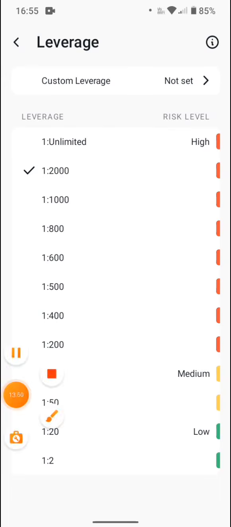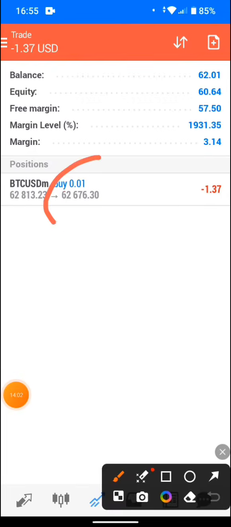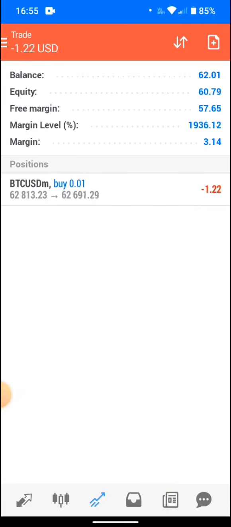All right, so this is basically it. Let's go back to our MT4. So coming back to our MT4, you can see that using small lot sizes is not going to affect us that much, even when we are currently down.